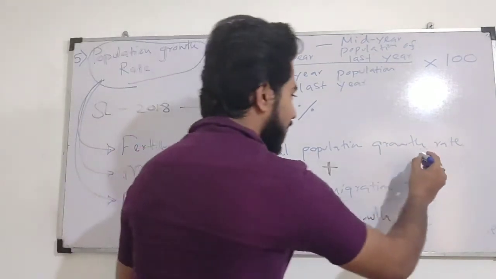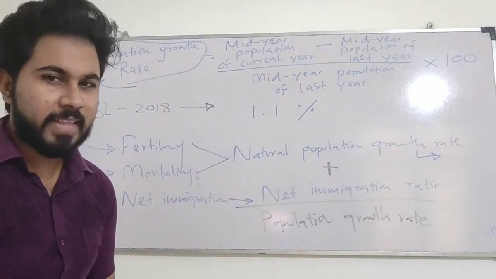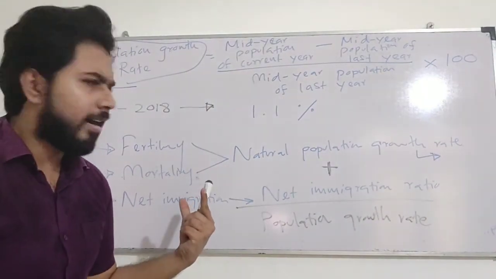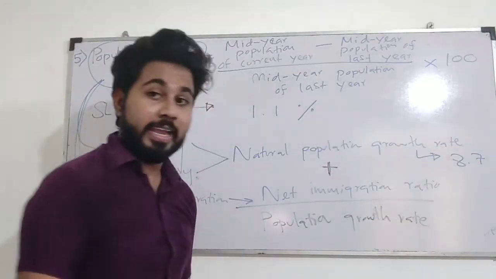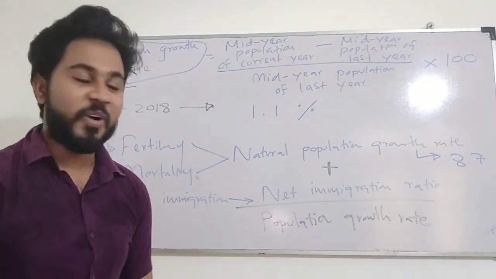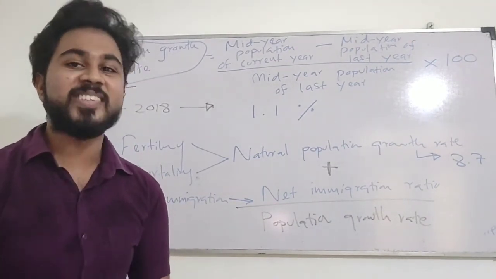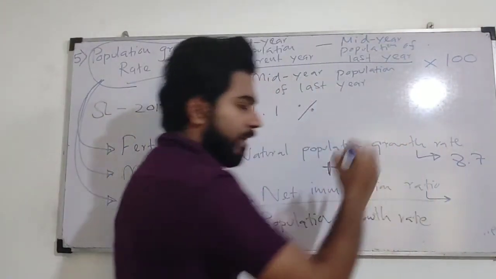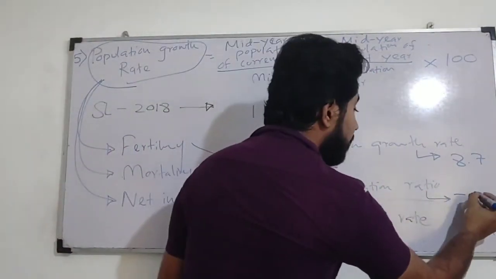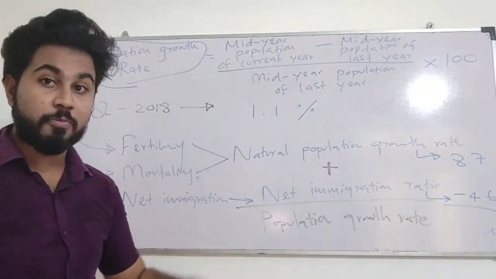Yes, can you remember what was the last year natural population growth rate that we have calculated earlier? Yes, it was 8.7. Is it a percentage? No, it is 8.7 per every 1,000 persons in the country. And net immigration ratio, okay, this was minus 4.6. We experienced that value.